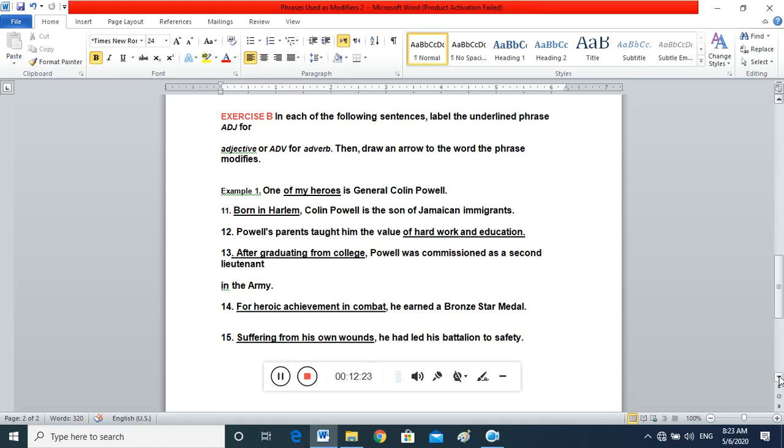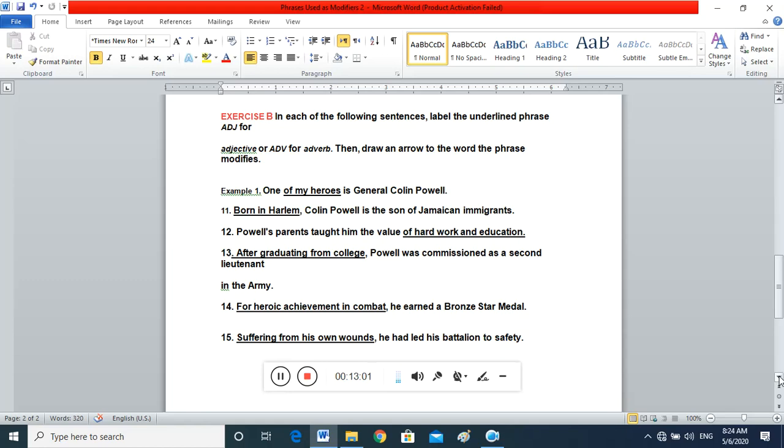Draw the arrow to the verb was commissioned. For heroic achievement in combat, he earned a Bronze Star Medal. Number 14, for heroic achievement, describes the verb earned. So it acts as an adverb too.